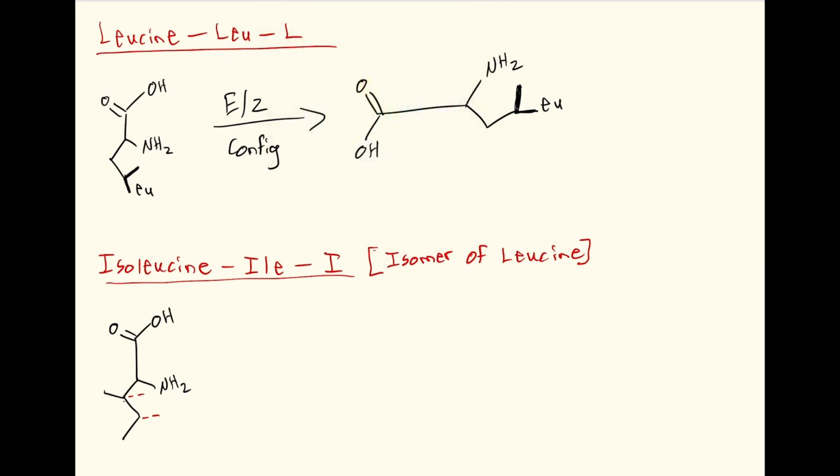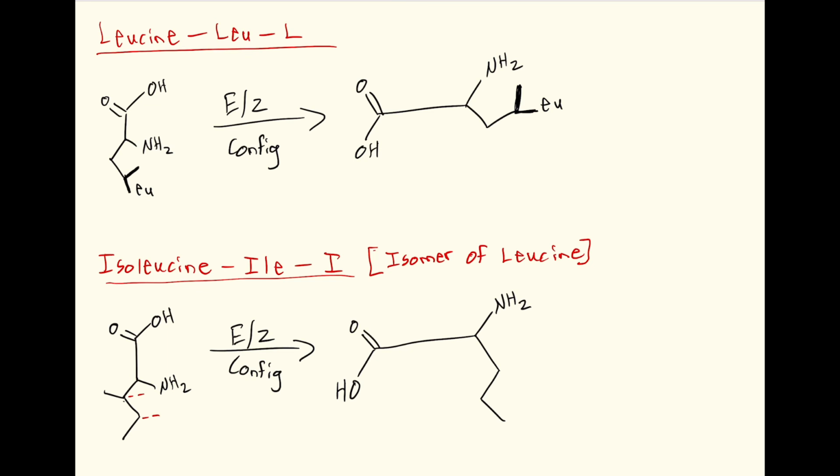Okay, so now we're going to do the easy config. See how that looks in this structure. So we draw our double bond O, or OH, right? And then we draw the amino group, and then we draw the S shape as we see it.